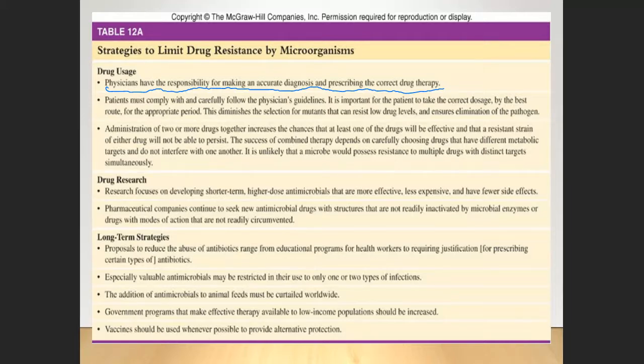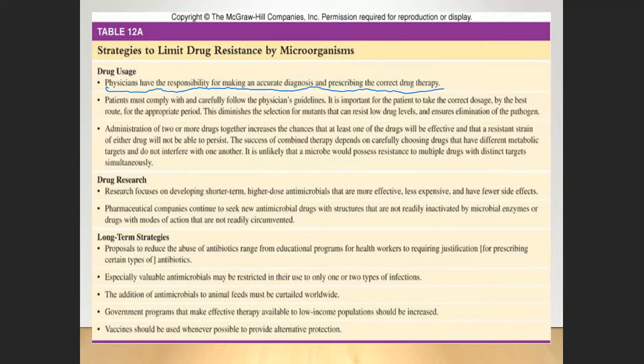So the physician will not give trial drugs to the patient. Otherwise, it will cause the infection to become stronger, or the bacteria to become resistant.